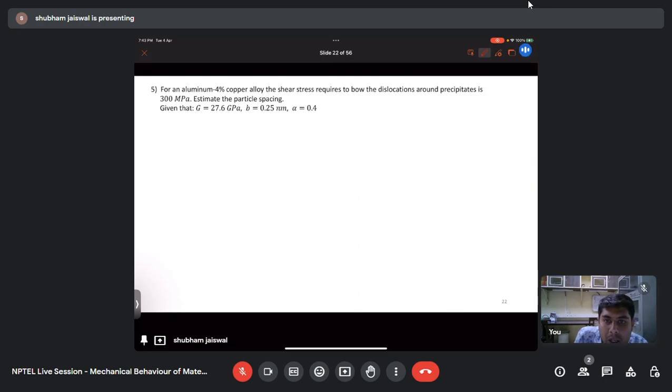So they are asking us to find out the lambda, and they have given the values of G, B, and alpha. Please try to answer this, guys.